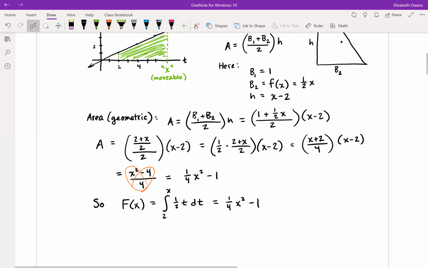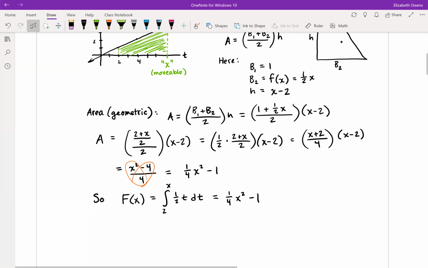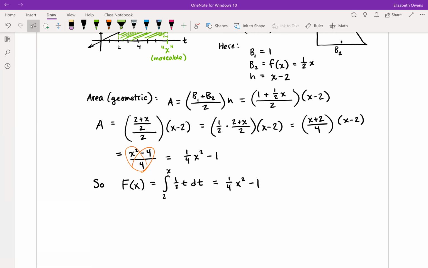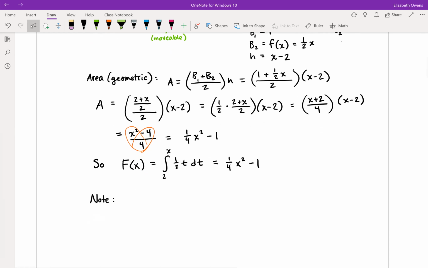Now, that's not really so much what we're going to focus on here in the Fundamental Theorem Part 1. We're going to focus a lot on this little note to follow here. What happens if we take the derivative of this area function, F prime of x, or if you prefer, you could think of this as d/dx of big F of x?